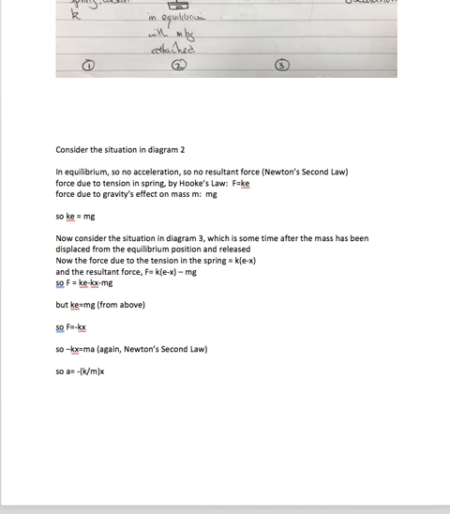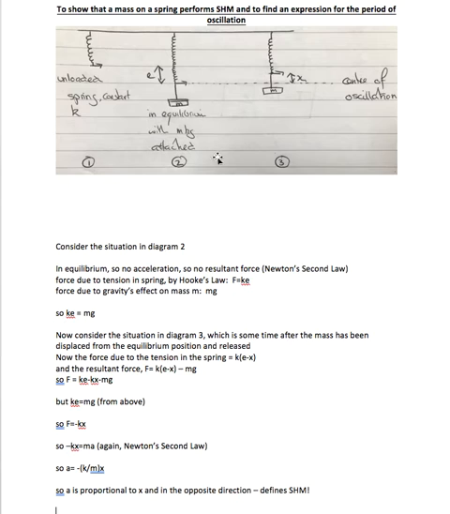So we have a proportional to x, the displacement, and in the opposite direction, and that defines SHM. So we have demonstrated that a mass on a spring, when it's oscillating, is performing SHM.